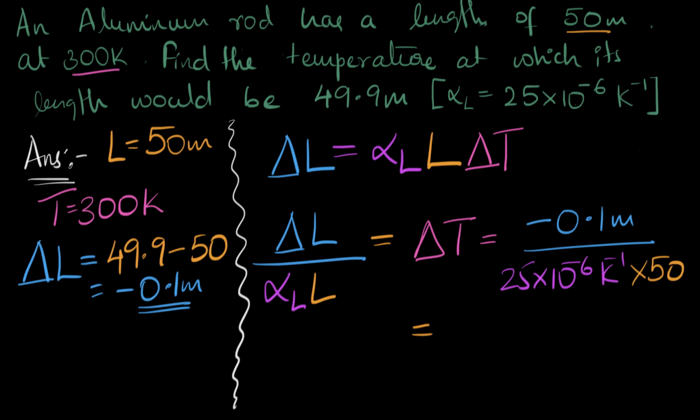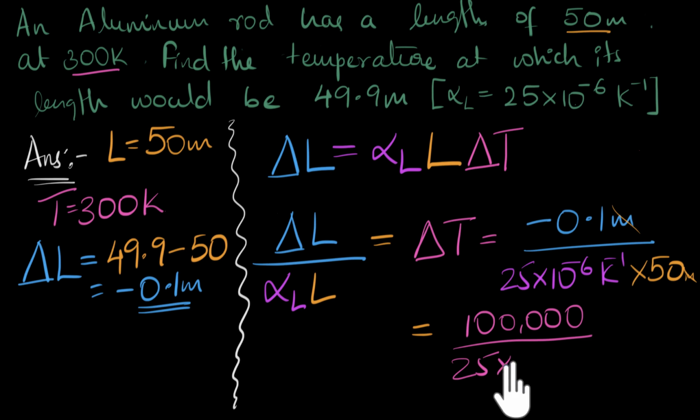By the way, this is 50 meters, so the meters and meters cancel. We can take the 10 to the minus 6 upstairs. That will become 10 to the plus 6. 10 to the plus 6 times 0.1 will be 10 to the power 5. So we have 1 and 5 zeros divided by 25 times 50.